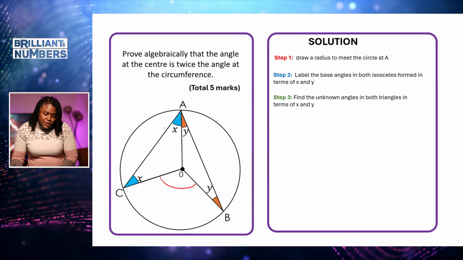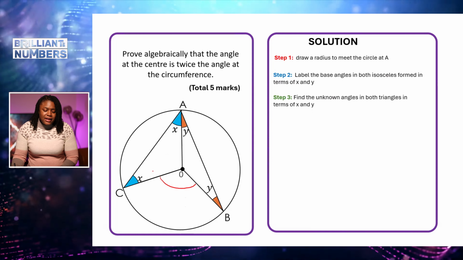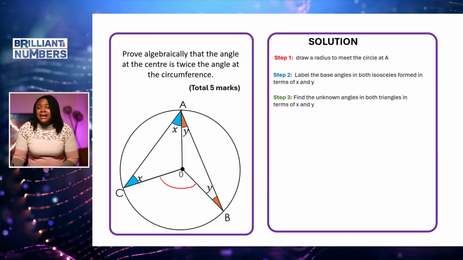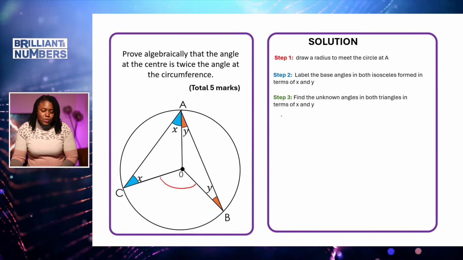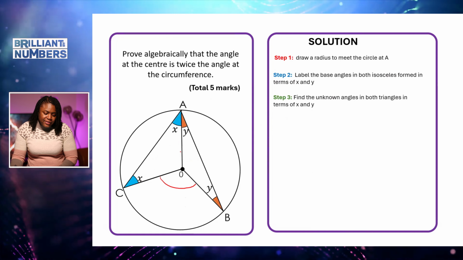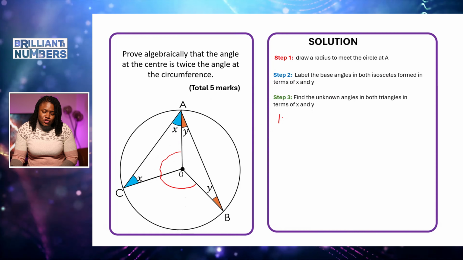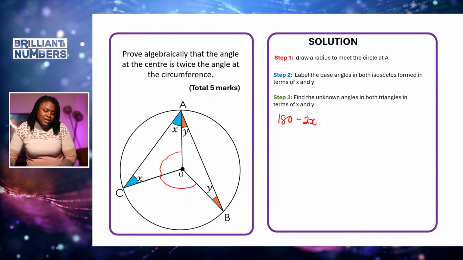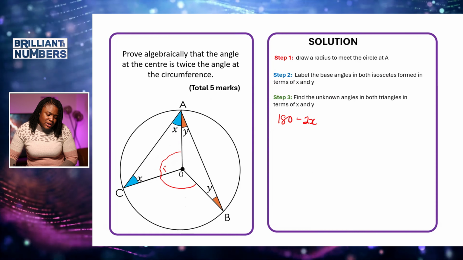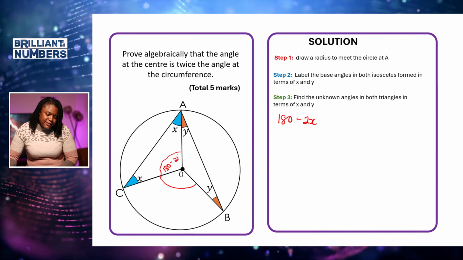In terms of x and y, I can reason here that if I have x and x, that's 2x, and we know the angles in a triangle add to 180. So the angle here then has to be 180 take away x plus x, which is 2x. I'm just going to write that here, 180 minus 2x.